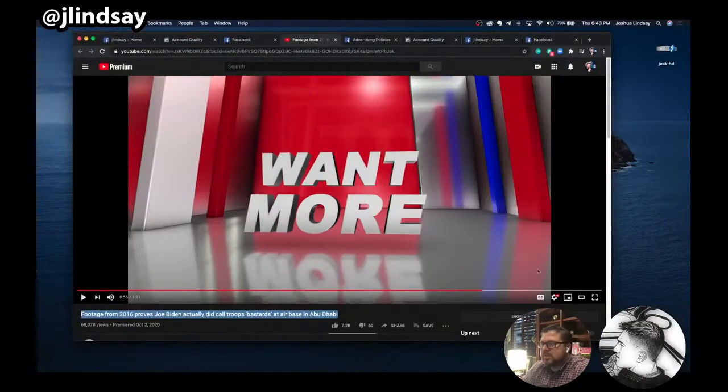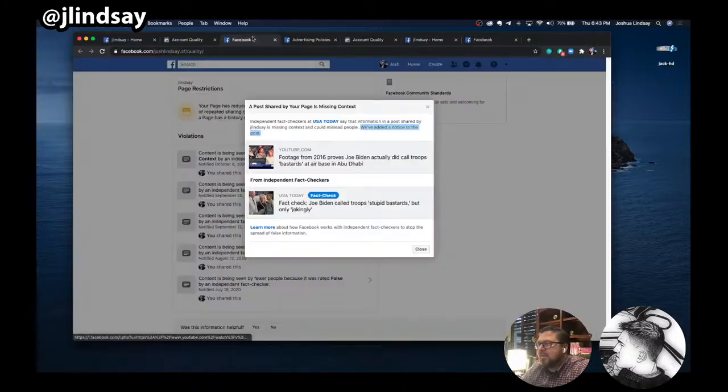Okay, well, that doesn't sound jokingly. It sounded like he was directing the crowd to clap and actually insulted them. Well, what about that was funny or jokingly? I don't know. But I fail to see how the independent fact checker at USA Today could say that the information in this post is missing context and could mislead people.